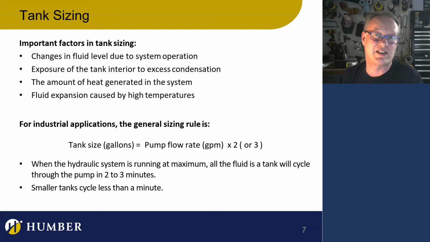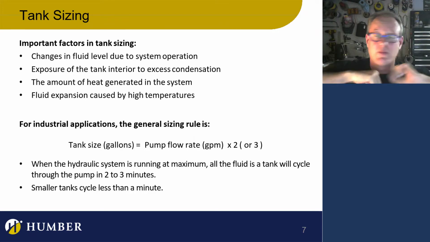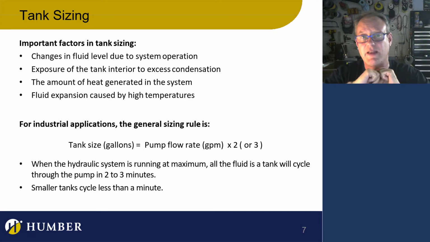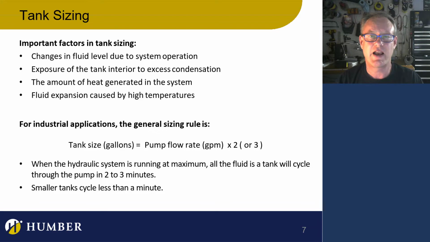Essentially, as far as sizing a tank goes, what you're going to do is take the maximum flow rate of liquid that's going to go out of that system. So if all actuators are running at full speed and there's a motor going, you calculate the gallons per minute and multiply it by at least 2 or 3. That's your tank size.